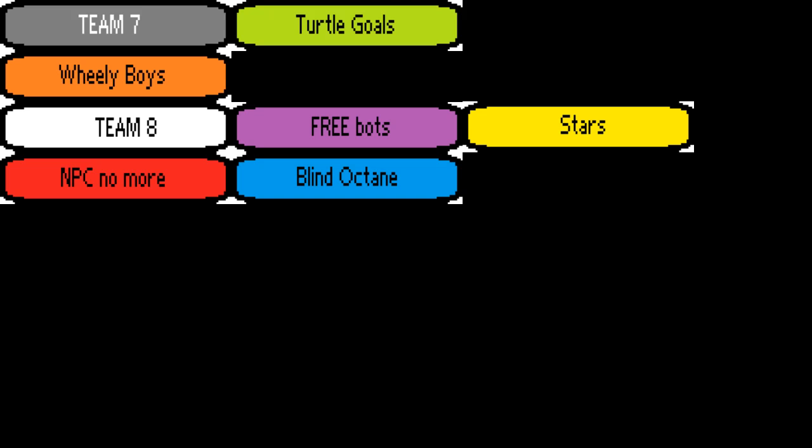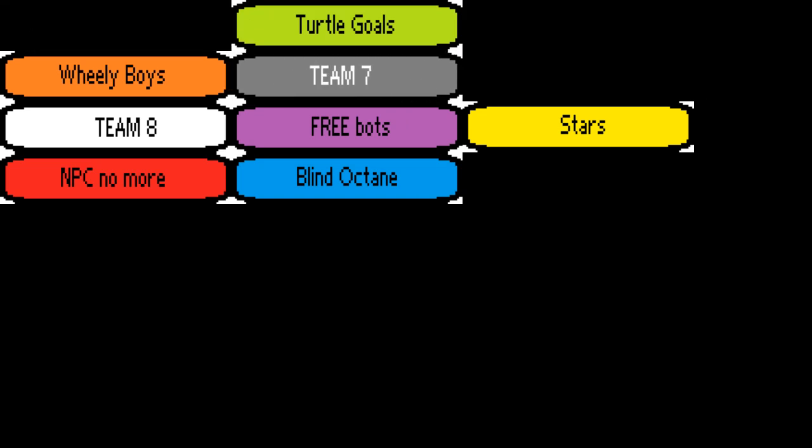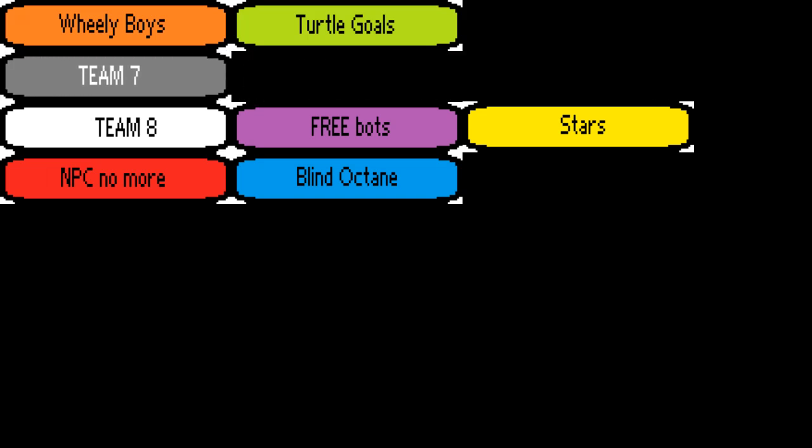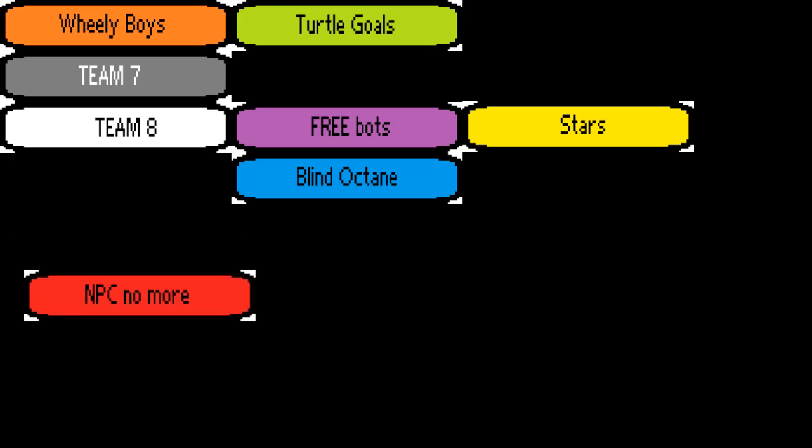So Wheelie Boys will be taking, obviously, first over Team 7. So let's move 7 here. Wheelie Boys taking first, and tied with Turtle Gulls, as they did take 1 point. Team 7, though, does have this slot sealed still. See here, there's 2 7s. NPC and Stars are now with 7, so let's move this guy out.